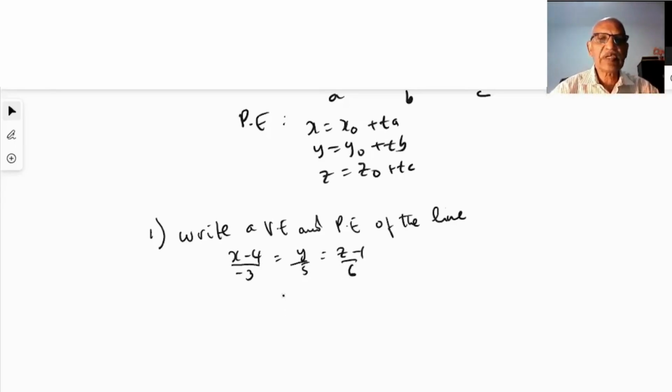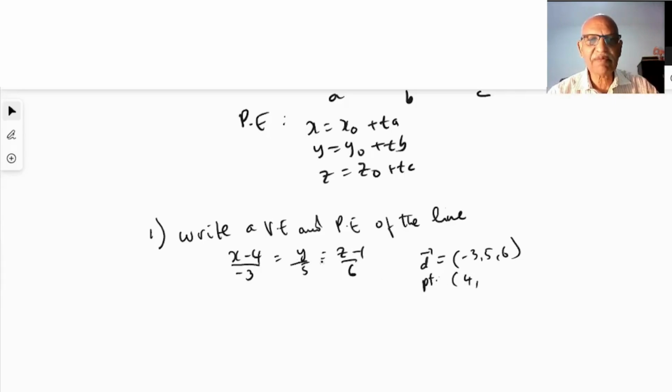The first thing we find is, what is the direction vector? The direction vector here is, if they are written in the right format, x, y, z, yes, x, y, z is first, at the beginning. Therefore, the direction vector is minus 3, 5, 6. The initial point is whatever makes the numerator equal to 0, which is 4.